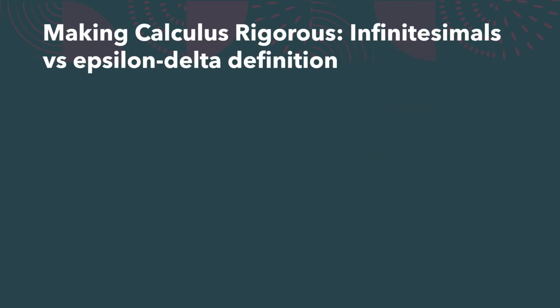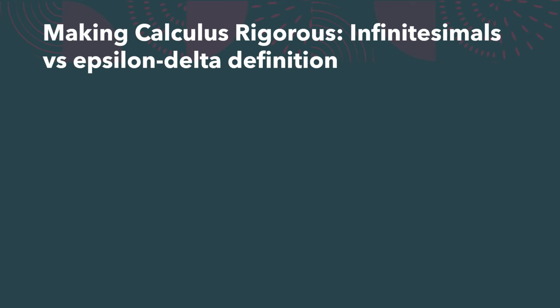Okay, making calculus rigorous. That was the next question you asked about infinitesimals versus the epsilon-delta definition. So this actually answers two of your questions. You asked, first of all, would dividing a function smaller and smaller eventually give an exact measurement, or only a very close one?